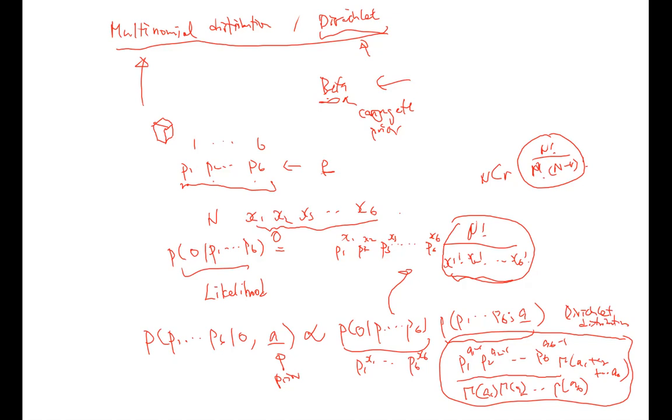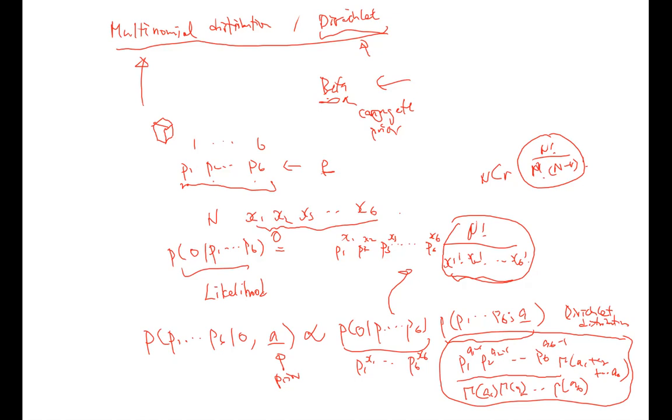So now, without going through any of the algebra, let me just do an inference similar to the beta we did earlier. So let's say I start with the parameters A1 up to A6 here, the initial parameters. Now I observe X1 up to X6.